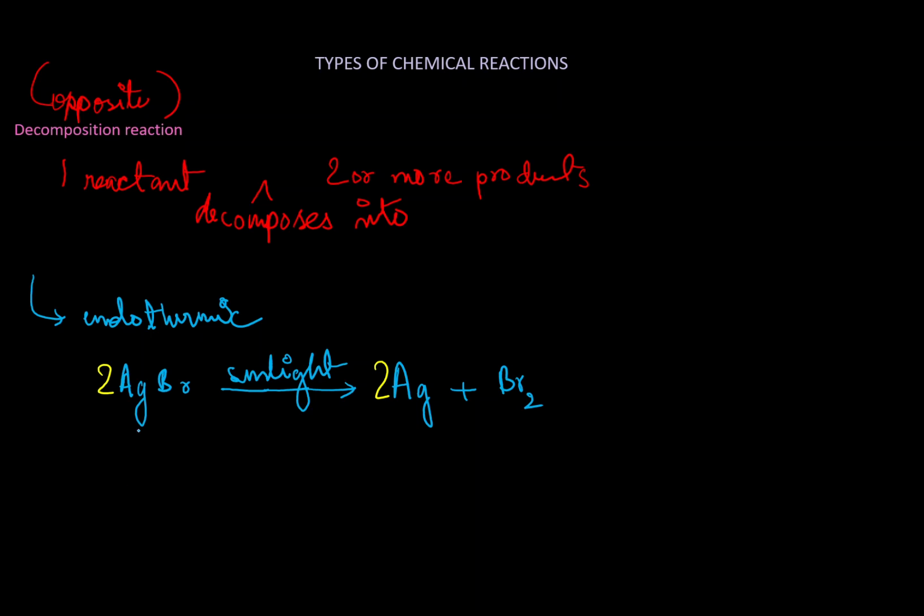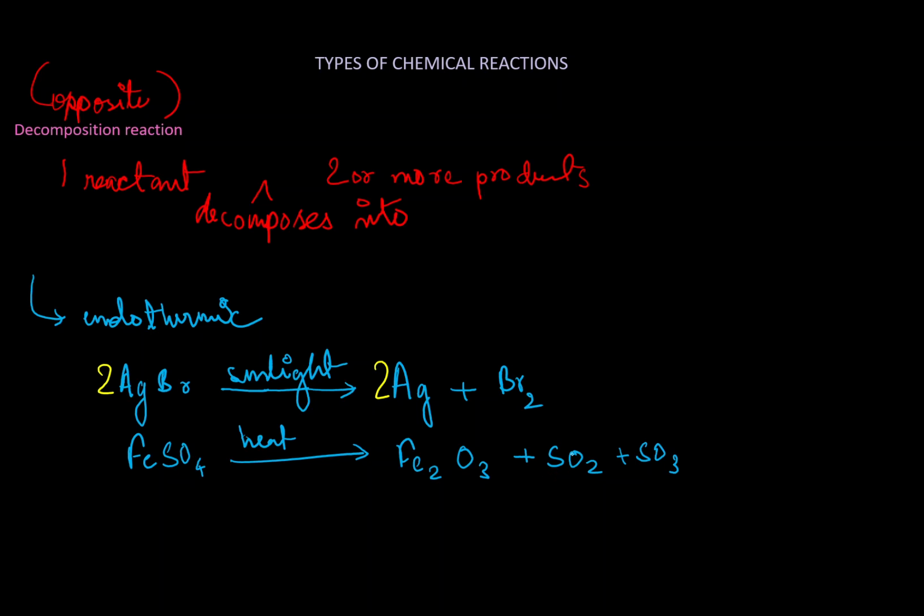Next, let us take another example, FeSO4, ferrous sulfate. When it's exposed to heat, it gives me Fe2O3, which is ferric oxide, plus SO2 plus SO3.